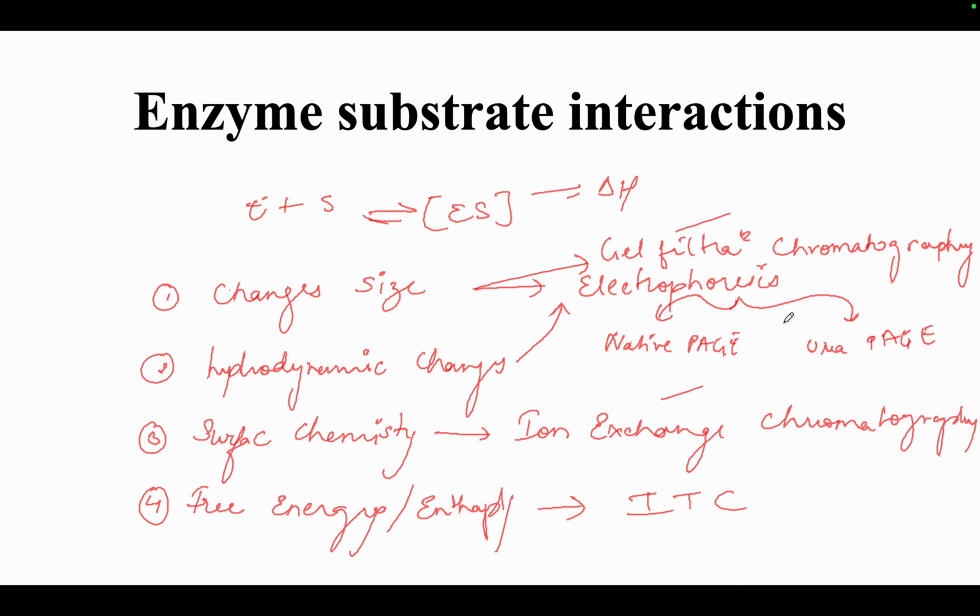So there are two types of electrophoresis, denaturing electrophoresis and non-denaturing electrophoresis. Depending upon the choice, we can either do a native PAGE or urea PAGE.